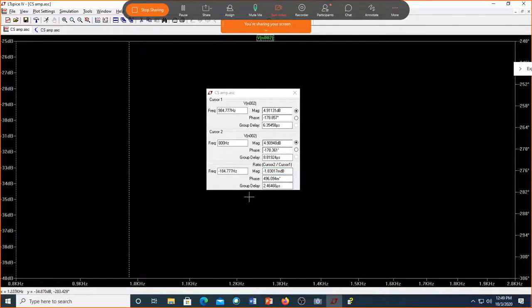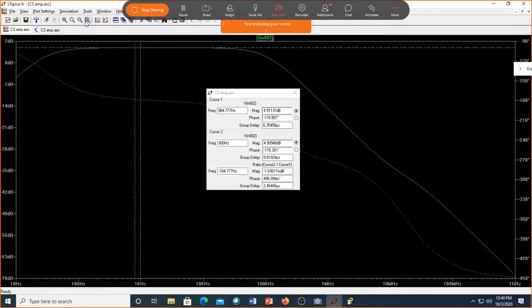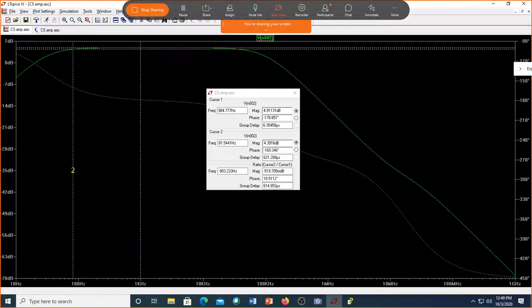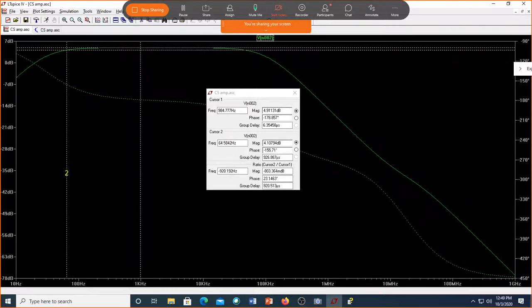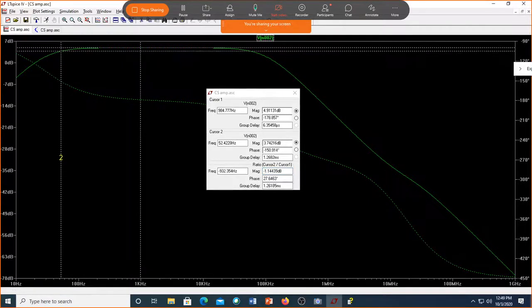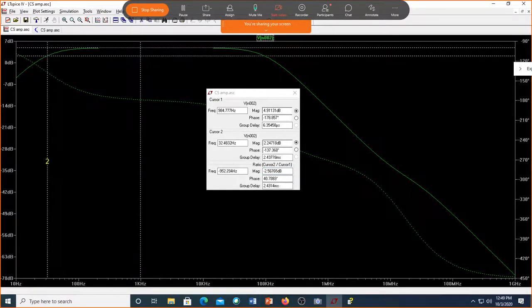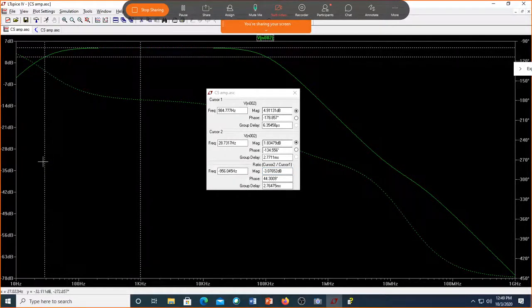I'll move the second cursor so that the difference becomes minus 3 dB. Keep having a look at this particular point. That should become minus 3. Fine. Can you see this is minus 3?